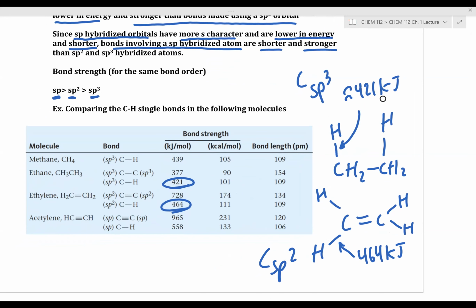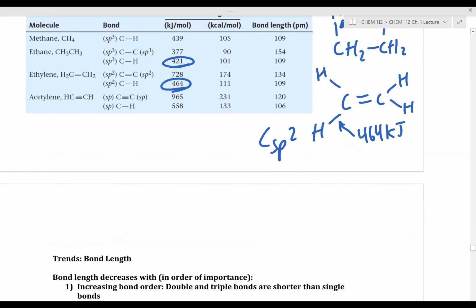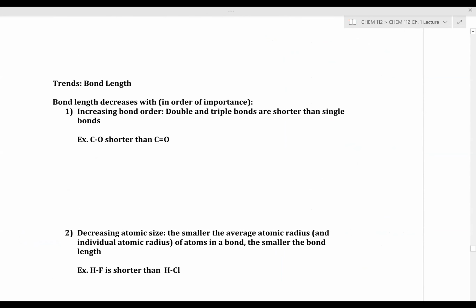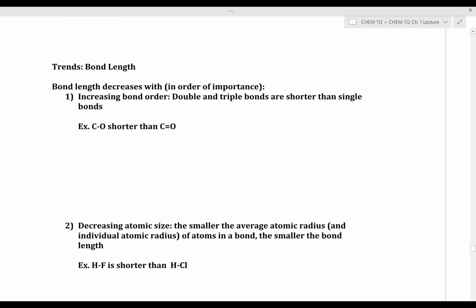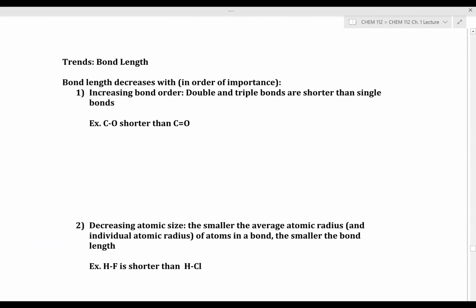Perfect. Okay. Let's now take a look at bond length. Bond length is relatively straightforward. Bond length decreases with, first and foremost, increasing bond order. So double and triple bonds are shorter.